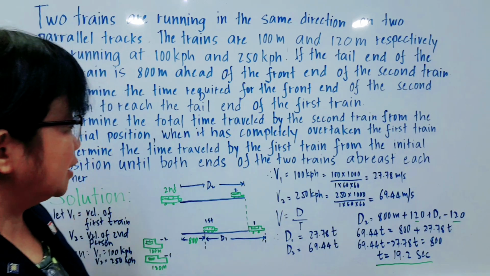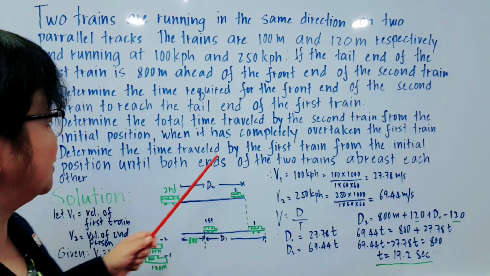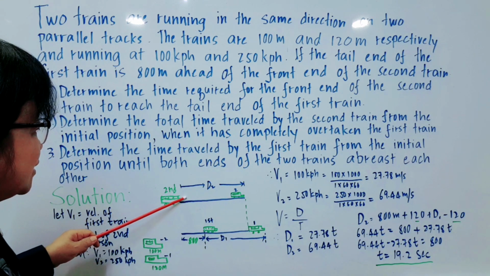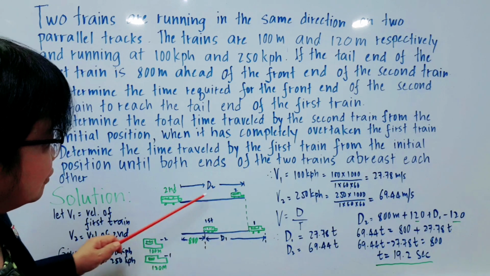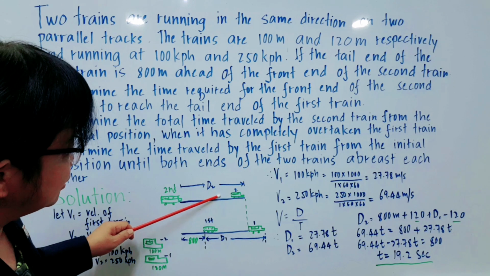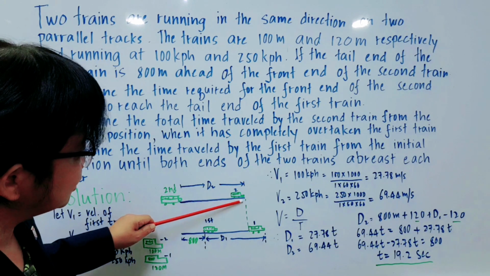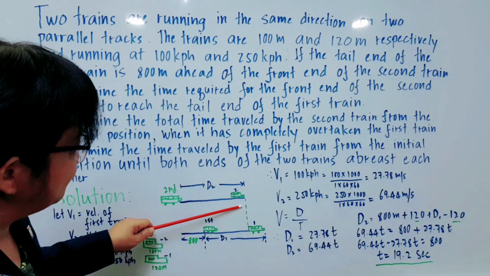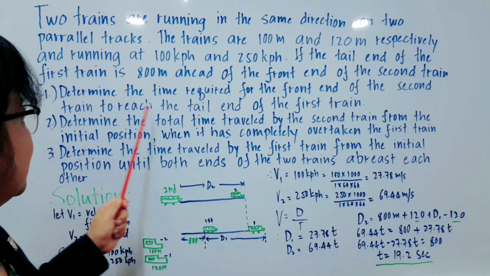Now, here we have to find the time required for the front end of the second train to reach the tail end of the first train. So the train travels from here to here to reach the tail end of the first train. So we have to find the time.